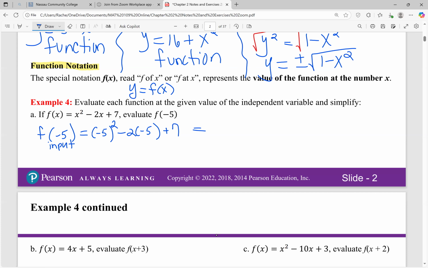So let's evaluate negative 5 squared minus 2 times negative 5 plus 7. So negative 5 squared is 25. Now I have a minus 2 times a negative 5, and that double negative is going to become positive. So that's plus 10 and then plus 7. And that's going to be 42. So f of negative 5 is equal to 42.